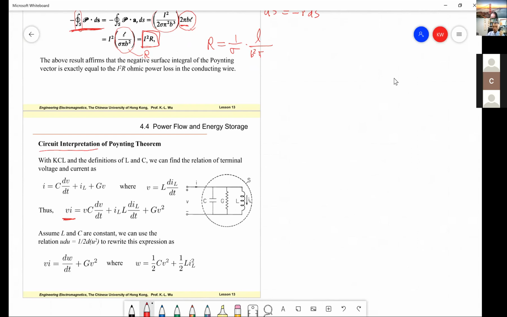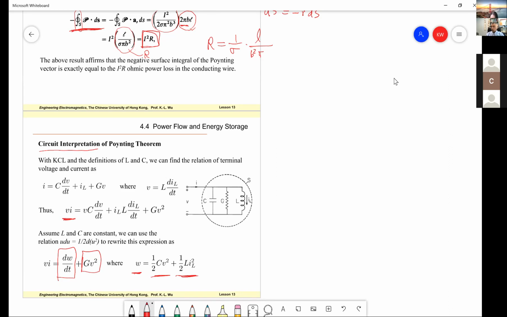V times I, the total power, equals the change with time of the stored energy plus the consumed energy. That is circuit theory, a special case of the Poynting theorem.